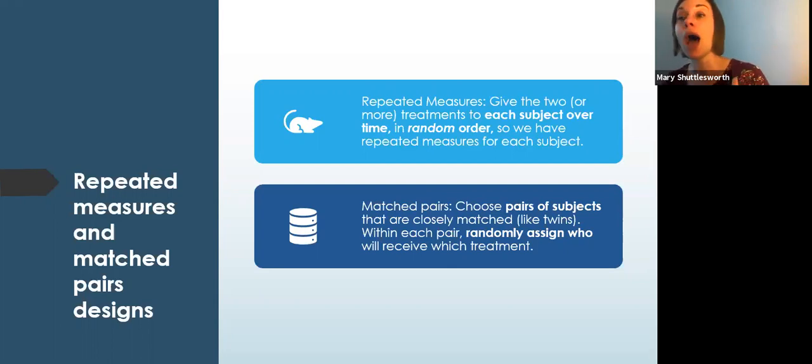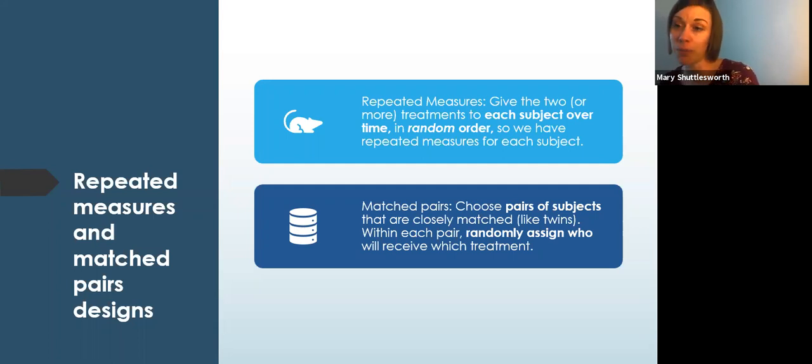Let's say that I'm testing two different types of drugs. I get drug A first, and then I get drug B. But other participants in the study would get drug B first, and then they would get drug A. So the same person is getting exposure to essentially all levels of the independent variable in the study. So you have multiple measures for each individual person.